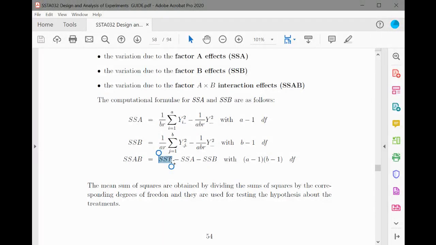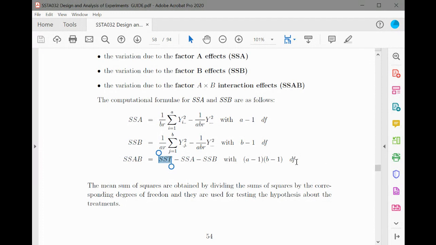But for this chapter, the values from each cell will help you to find SS treatment. So to find SS A by B, you must say SS treatment minus SSA minus SSB.